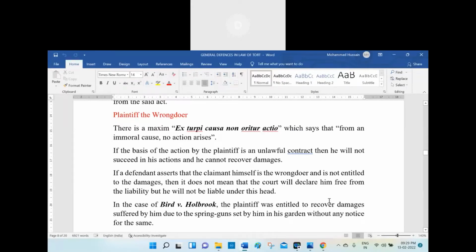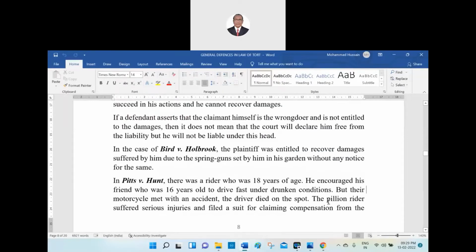Okay. There was a rider, meaning a person who is riding the motorbike, who was 18 years of age, and he encouraged his friend who was 16 years old to drive fast under a drunken condition. But their motorcycle met with an accident. The driver, meaning the rider, died on the spot.